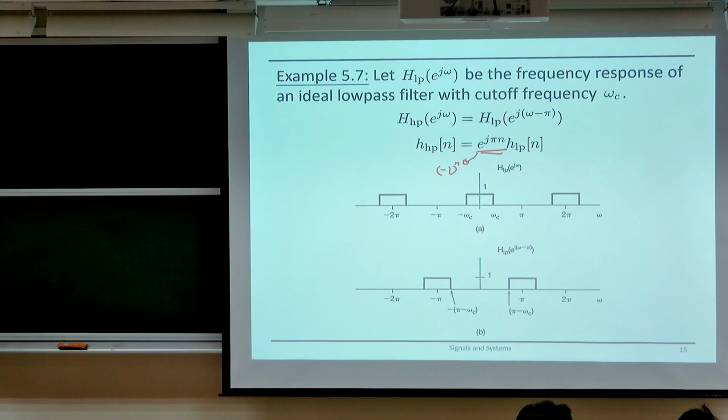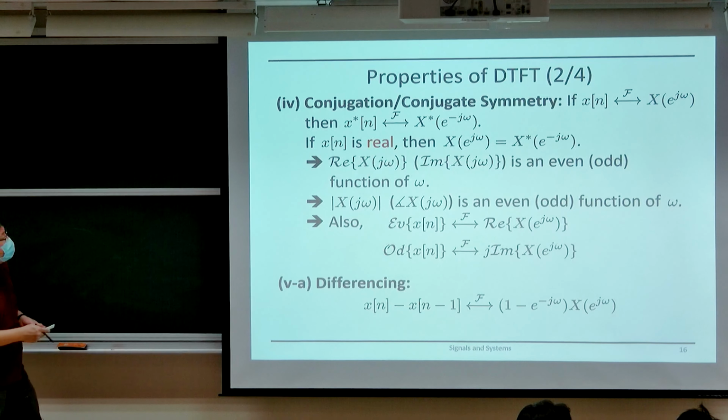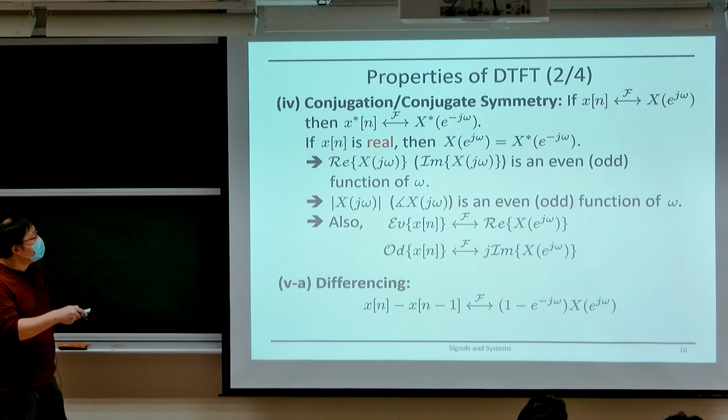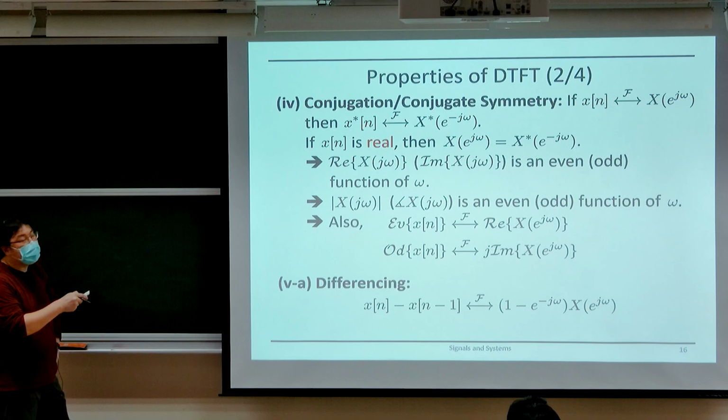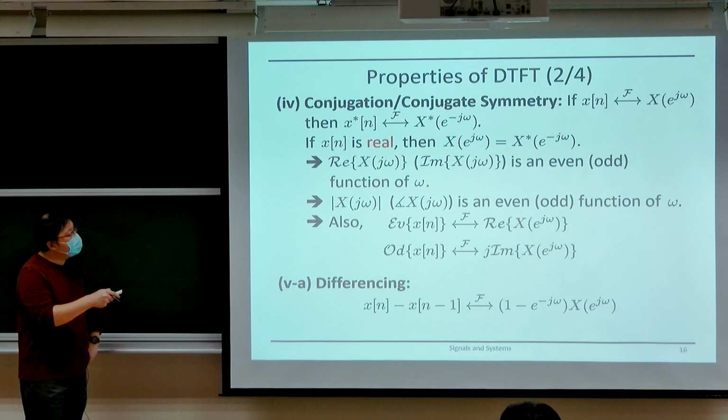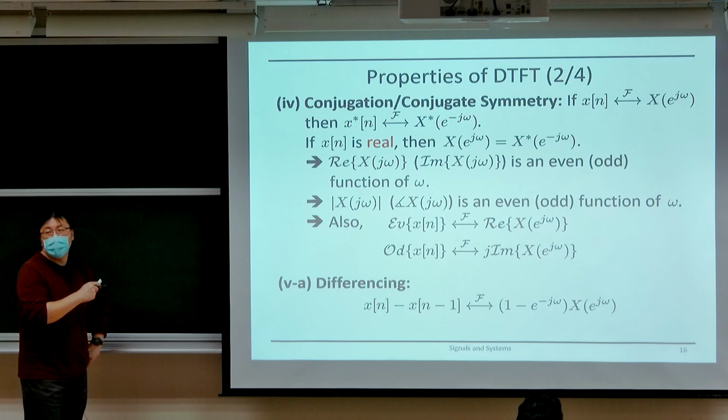The next property is also the same as before. So this is conjugation and conjugate symmetry. This says that if you have a signal x[n] that has Fourier transform capital X, then the complex conjugate of this time domain signal will have a Fourier transform that is a complex conjugate of this spectrum with a frequency reverse here.